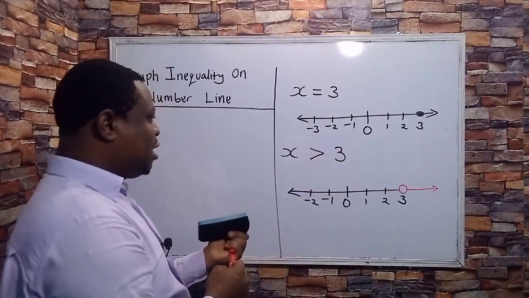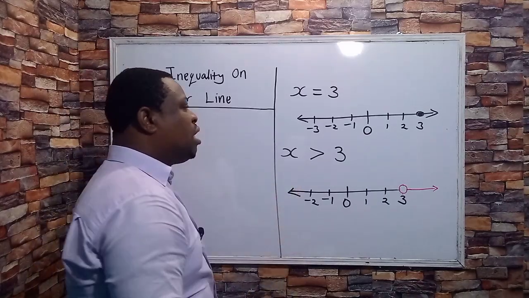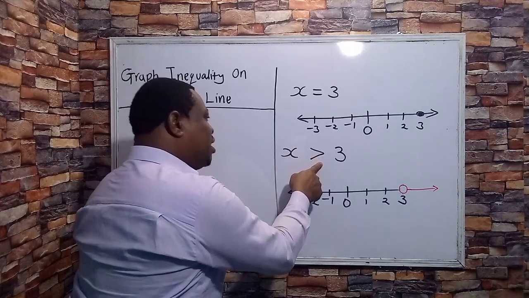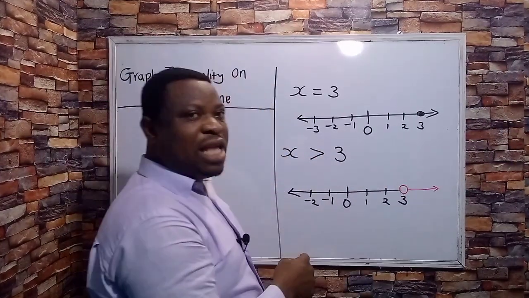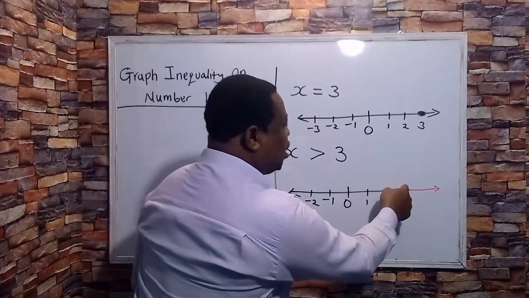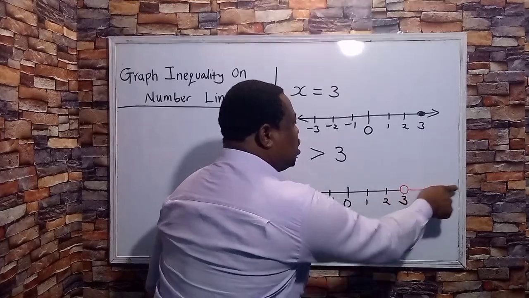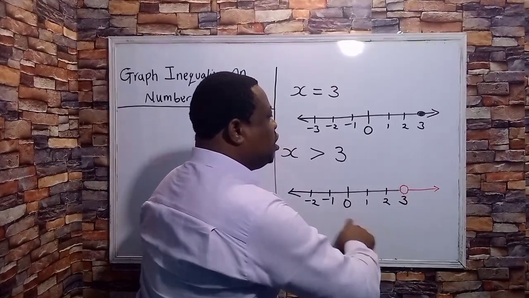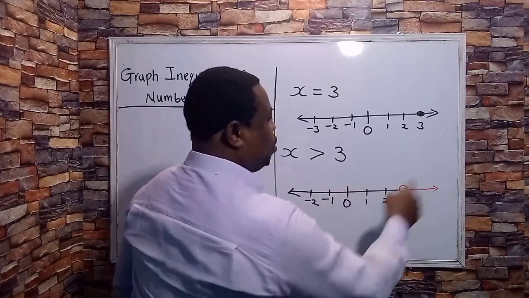You can see what this inequality is talking about. It means that x is greater than 3. And you can see the way I represented x is greater than 3: putting a circle on 3 and the arrow is pointing to the right of 0.